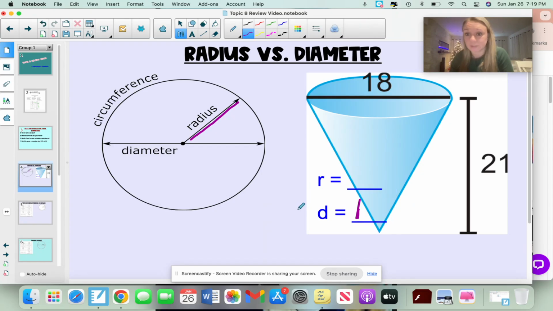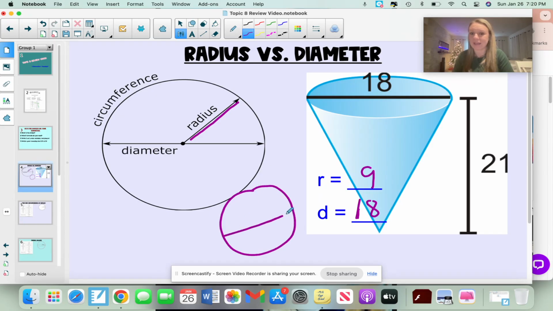And if I asked you what your radius is, if it's 18 all the way across, what's half of 18? And you would tell me that it's 9. Or let's say that I gave you a circle and you had a diameter of 20. If it's 20 all the way across, your radius would be 10. So that is like part 1 of your test.